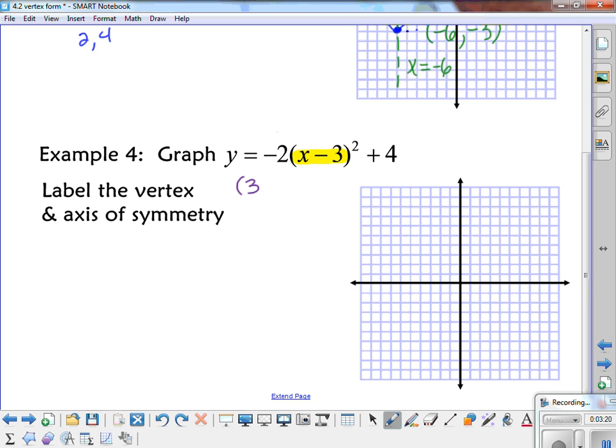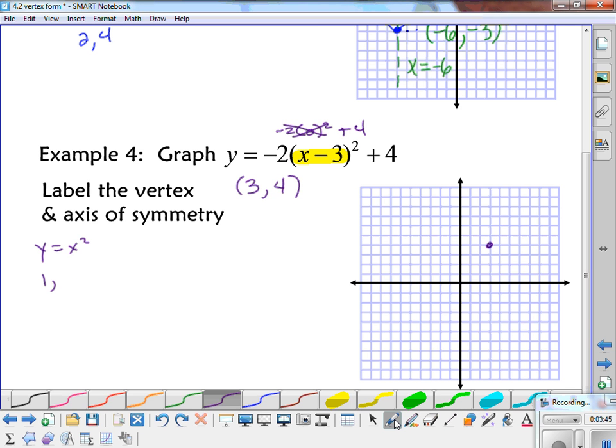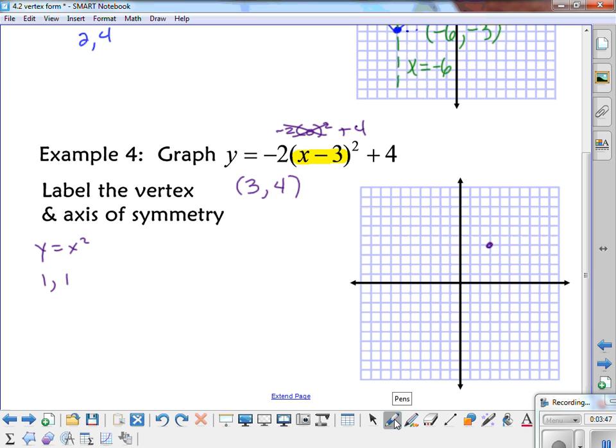And if I have -2 times 0 squared plus 4, that just goes away, right? Which is the whole point. And so my y is going to be 4. So I go to 3, 4, and that is my starting point. Now, if I was just doing y equals x squared, again, we would go left and right 1 and up 1.